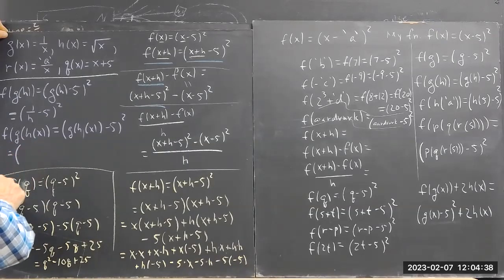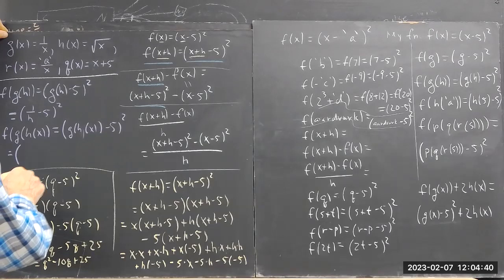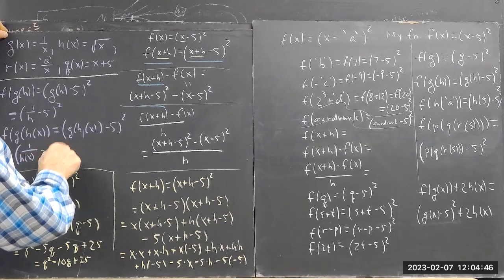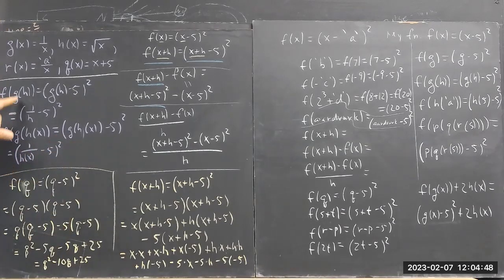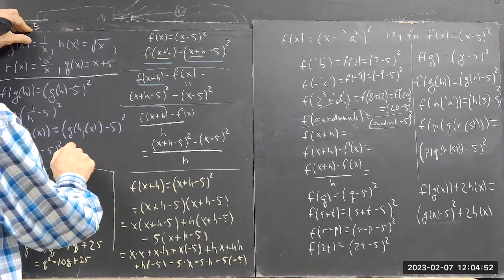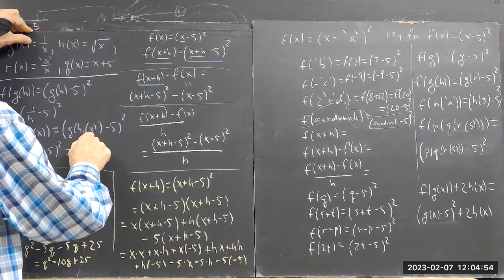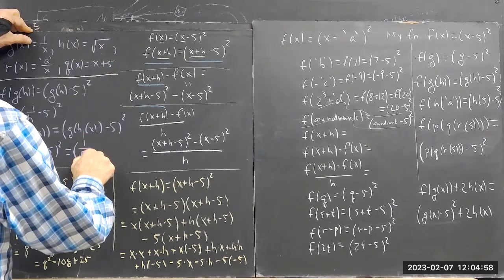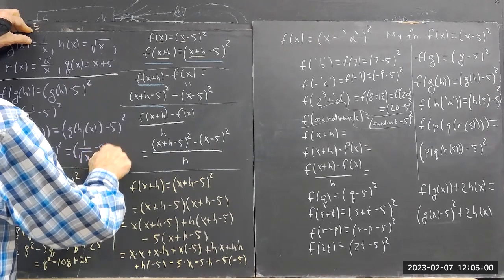And that would be 1 over h of x minus 5 squared. Instead of 1 over h, we'd have 1 over h of x, right? And h of x is the square root of x.